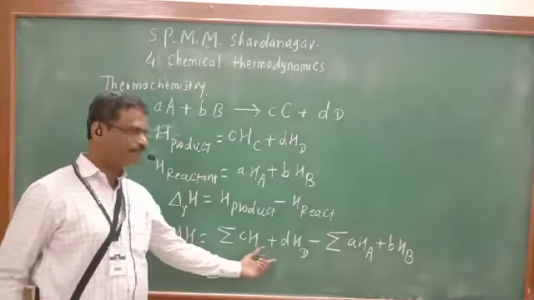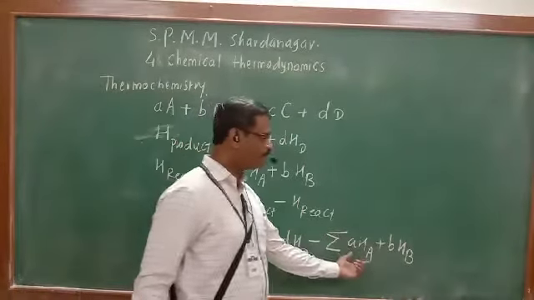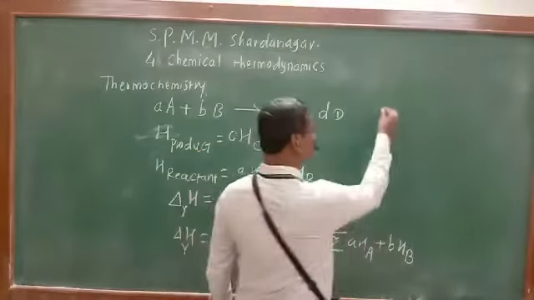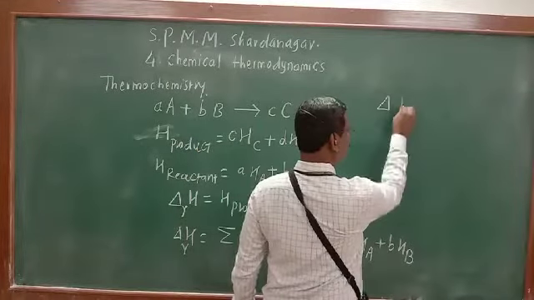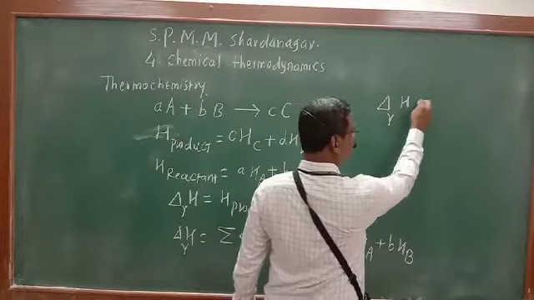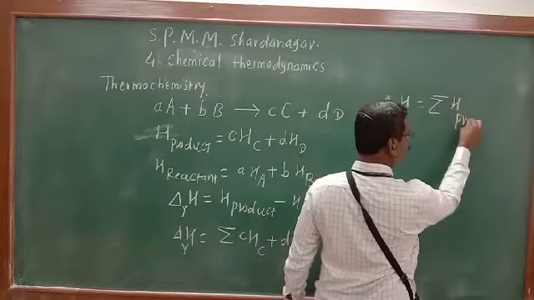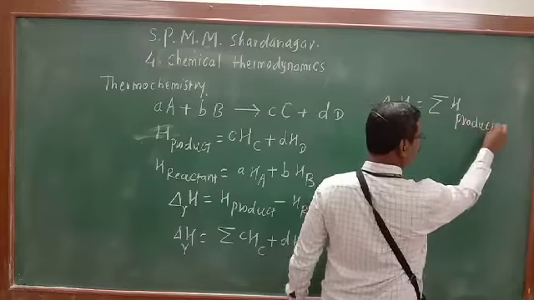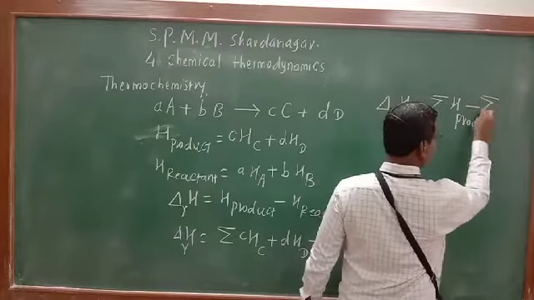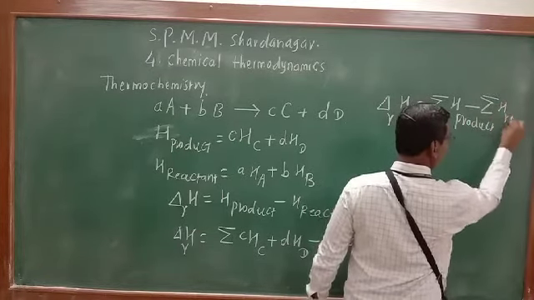Or we can write: enthalpy of reaction equals summation of enthalpy of product minus summation of enthalpy of reactant.